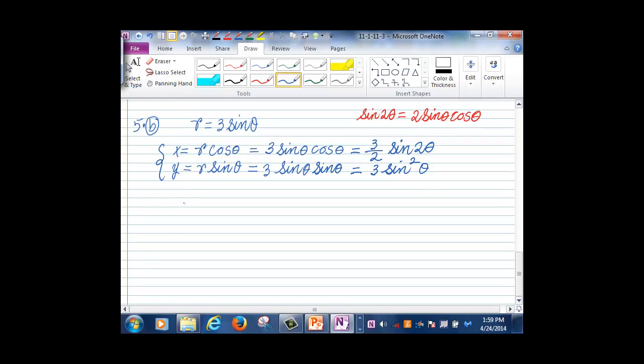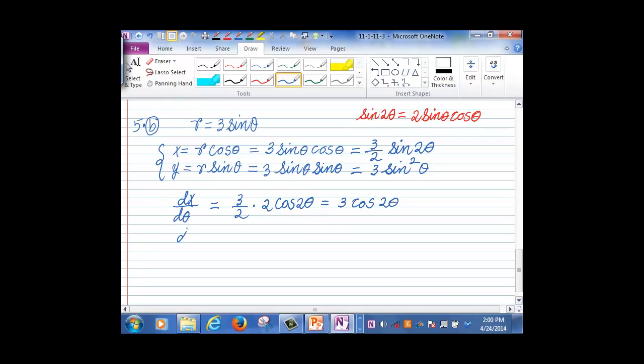And then I need to find dx d theta, which is what? 3/2 times the derivative of sine 2 theta is what? 2 cosine 2 theta. So that's pretty much 3 cosine 2 theta.